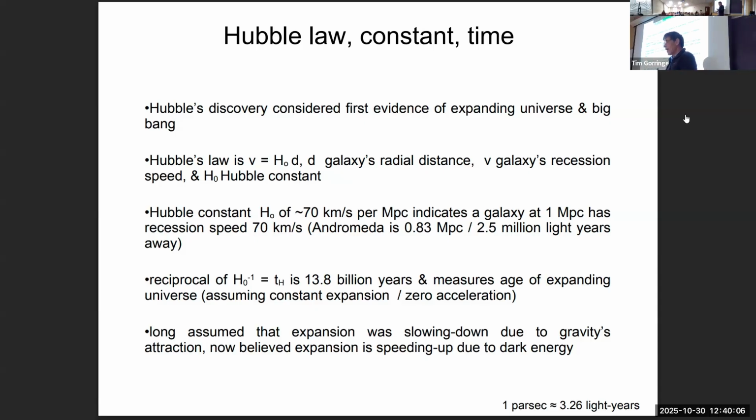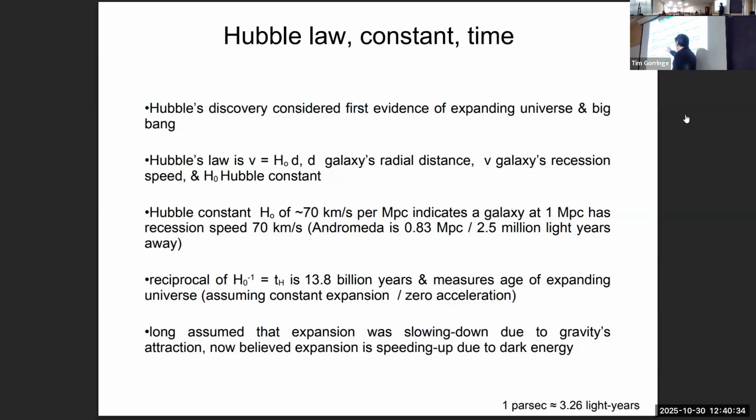By determining these distances to the galaxies, again using this proxy of the brightness of the Cepheid variables, and the velocity of the galaxies, also using a proxy, basically the color or the redshift of the light from the galaxies, you can determine the Hubble constant, the constant in this relationship between the motion and the distance.